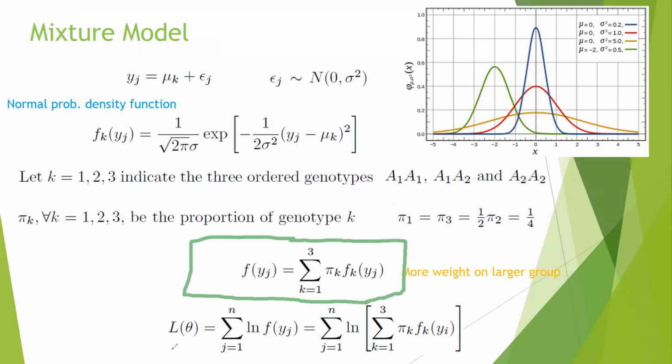And once we have the likelihood, we can take the log likelihood like this, and then we follow our previous norms: take the first derivative of the log likelihood and set it equal to 0. When we solve this equation, we can get the estimation of our parameters. So this is the routine we do for statistical modeling.